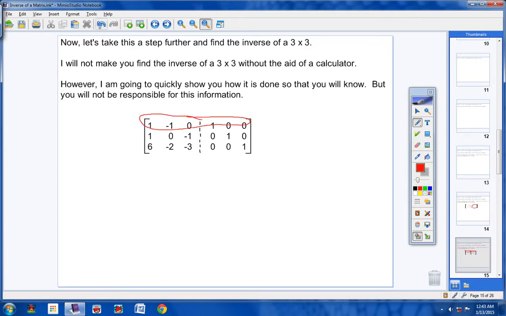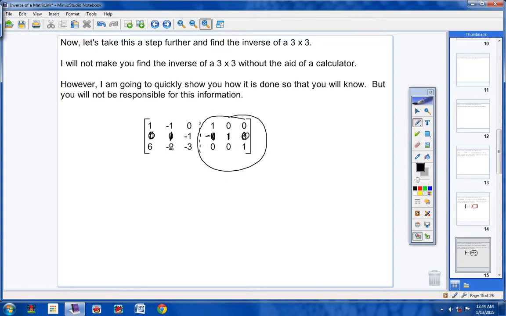For example, if I wanted to get a 0 right here, I would make all of these negative and then add down. This would become a 0. This would become 0. This would become positive 1. This would stay negative 1. This would become a negative 1. This would stay 1. This would be a 0. So little by little, this is going to change over here.